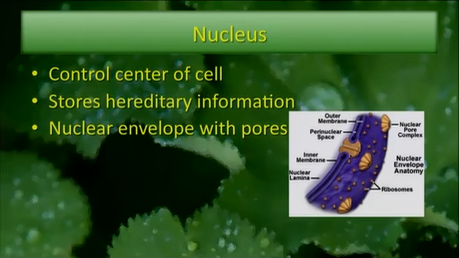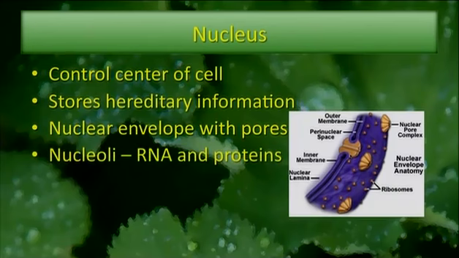In the nucleus you also have nucleoli, sometimes one, sometimes more. The singular of nucleoli is nucleolus. Nucleoli are made of RNA and proteins, and they're involved in the formation of ribosomes, which we'll get to in a second.